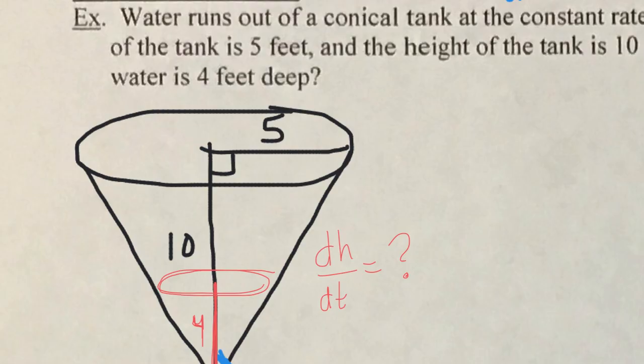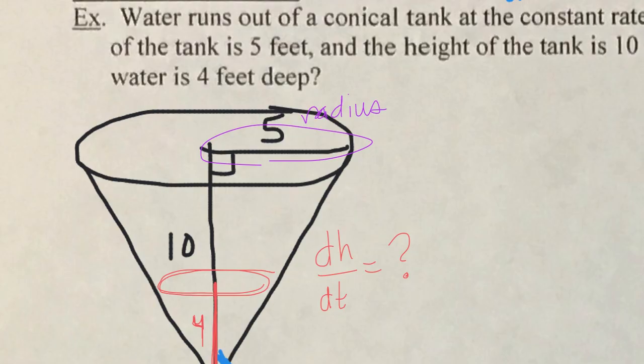Okay, so there's one dimension that we don't know anything about. And what dimension is that? The radius. We don't know anything about the radius, right? We're not asked about the radius or its rate, which means the radius might not be important to our problem if we don't know any information about it.